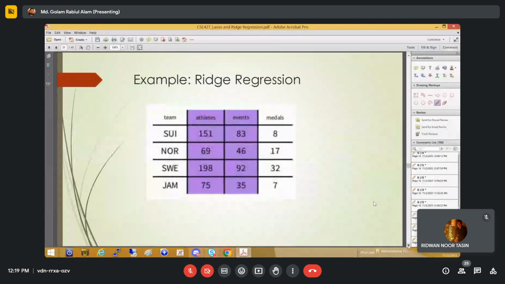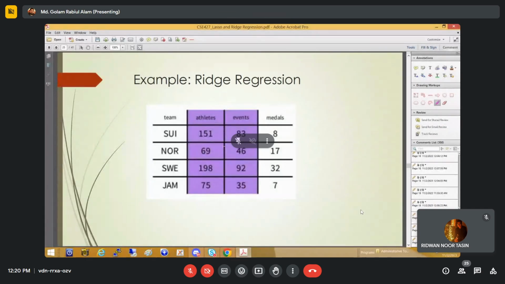Now I think it's better to go for an example. We have already discussed lots of theories for lasso, Ridge, and elastic net. But if in the exam some kind of data set is given, then how can we solve it?